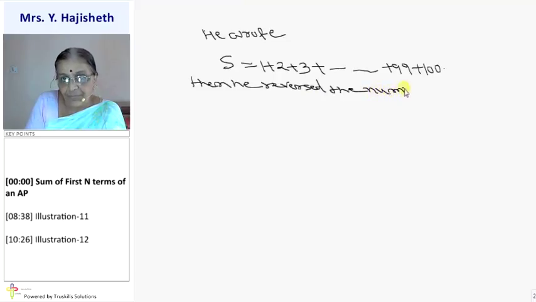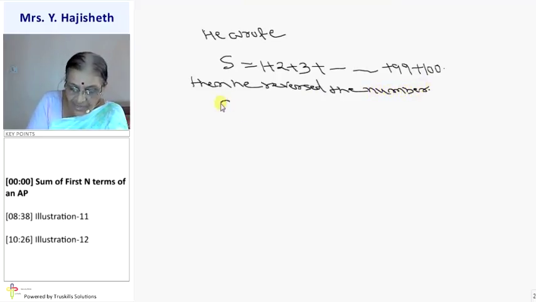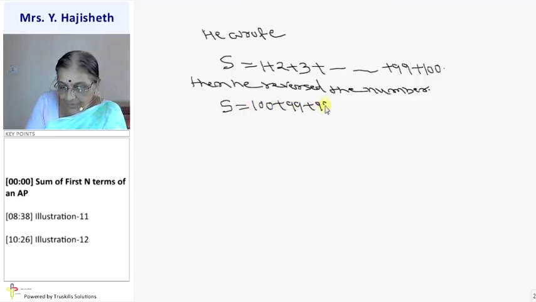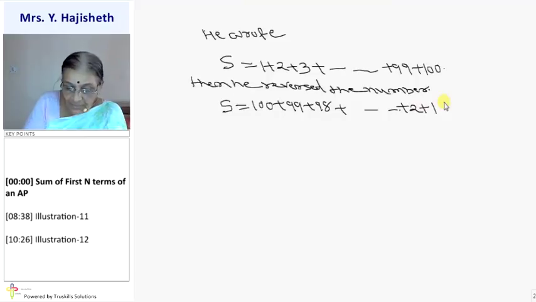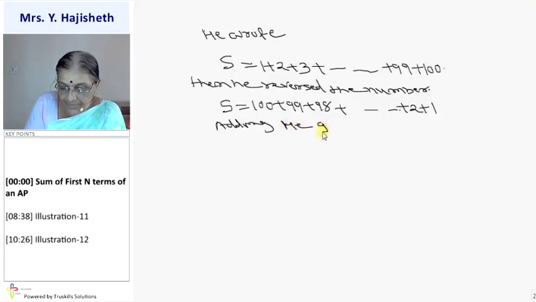He again wrote S and he wrote the last number first, last second second, last third third, and so on, with the first as last. Then he added both of them. Adding, he got 2 times the sum, okay?